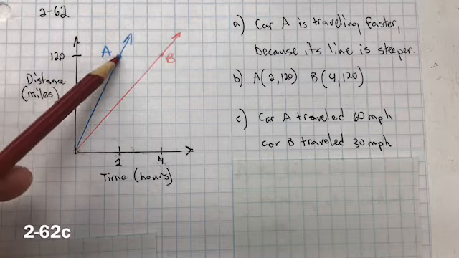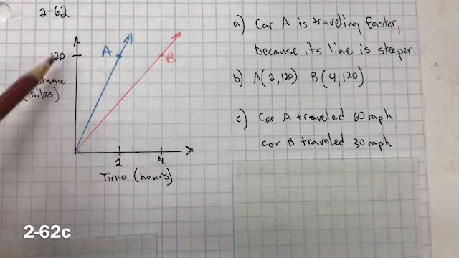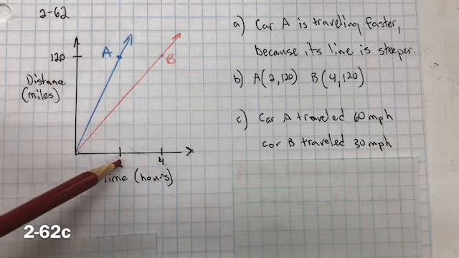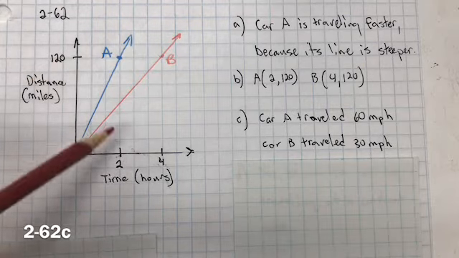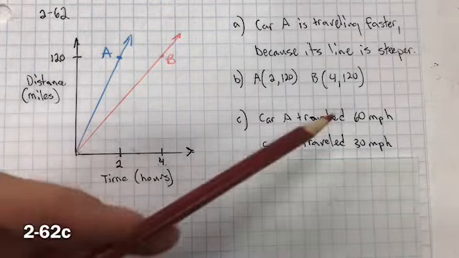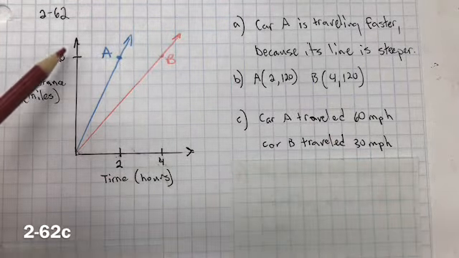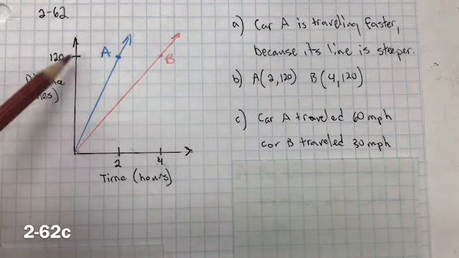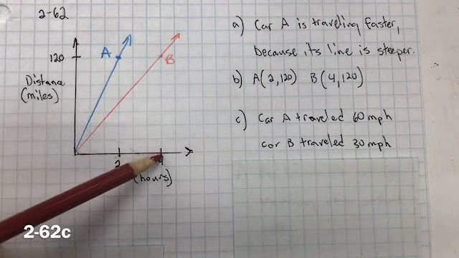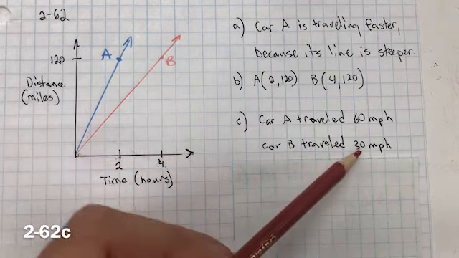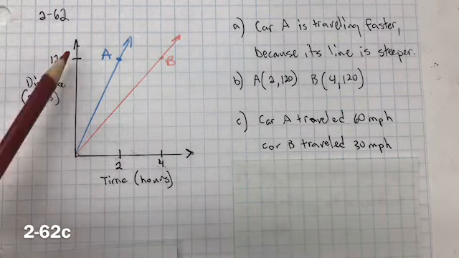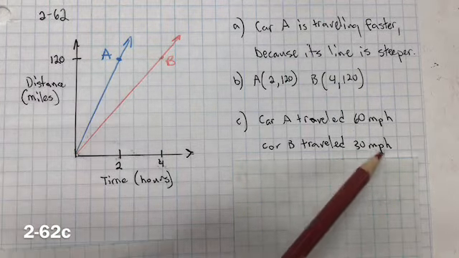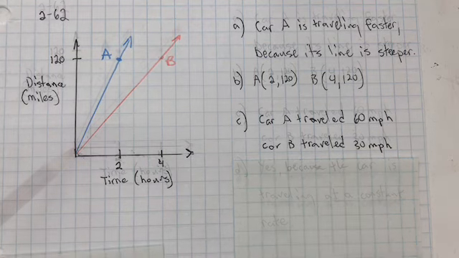So car A took 120 miles in 2 hours. 120 divided by 2 equals 60. B, 120 divided by 4 equals 30. So this is giving us the unit rate per hour, for 1 hour.